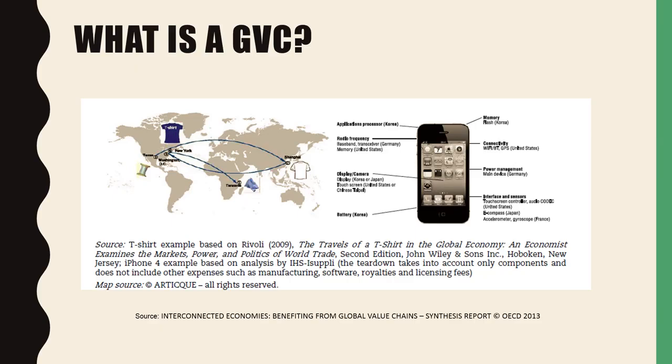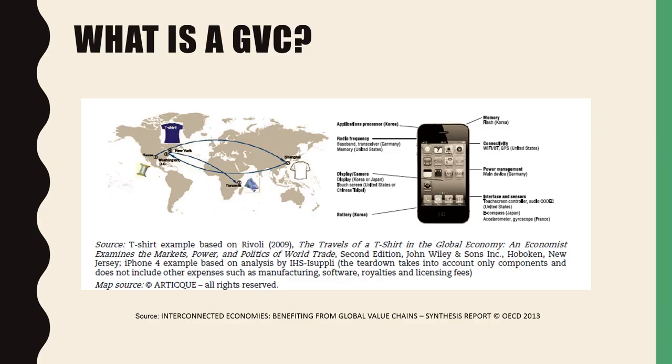From Shanghai, as you can see from the picture, it moves to the United States again for imprinting with logos and graphics, and for sale in wholesale and retail markets. It may move from Washington to New York, and from New York it may be exported to other countries.